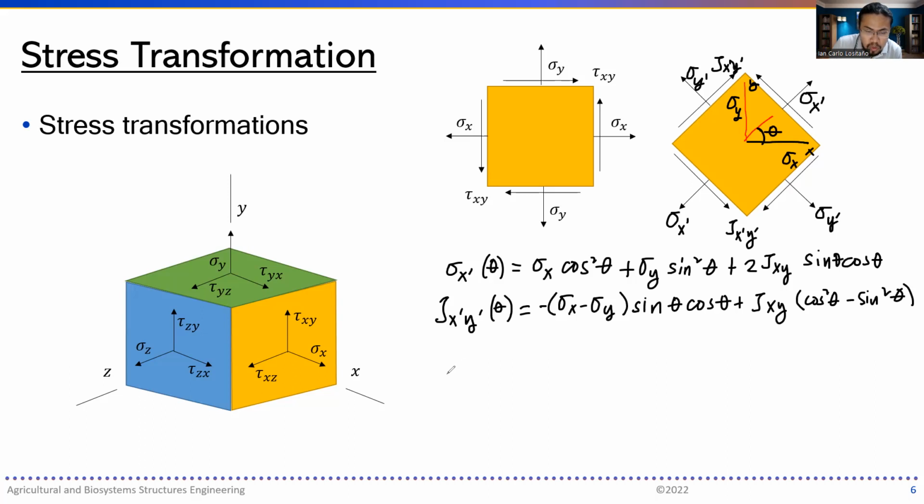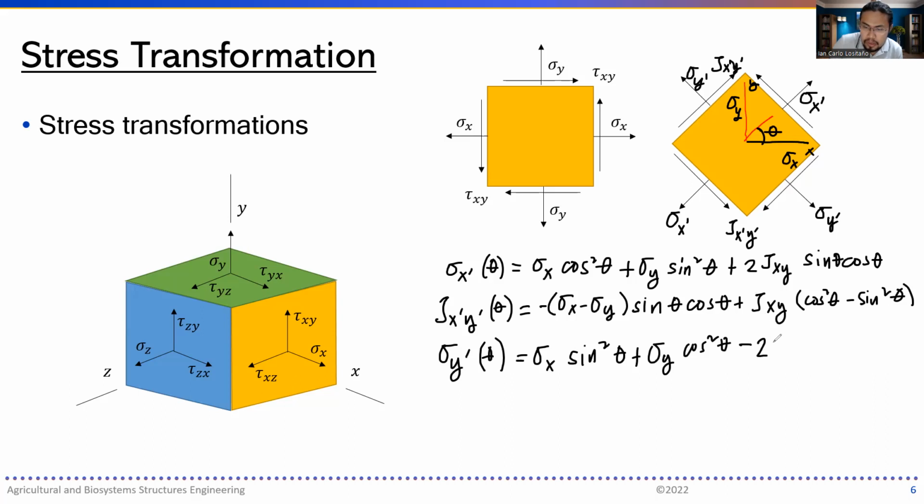There's a different y. The y is going to become this one. You take out the relationships. Similarly, it will have a similar relationship to the first stress, the normal stress along the x prime.